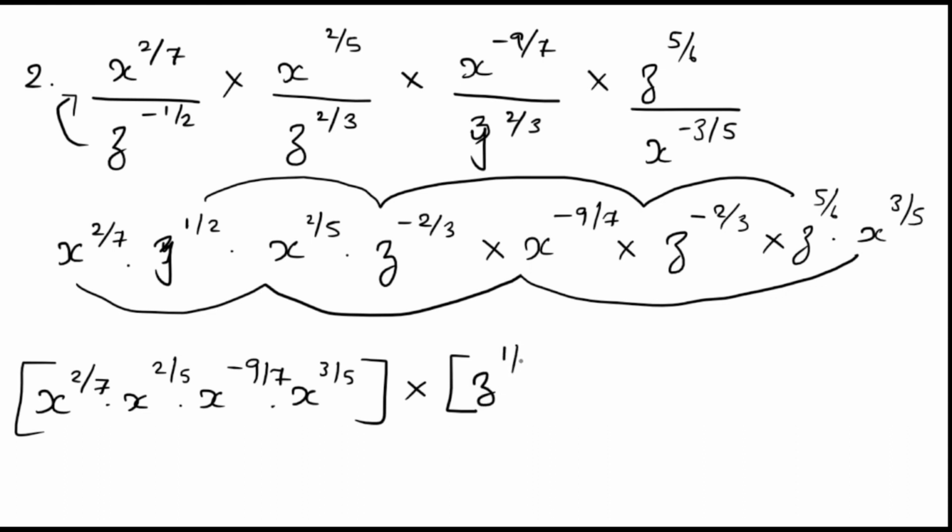Z to the power 1 by 2, z to the power minus 2 by 3 into z to the power again minus 2 by 3 into z to the power 5 by 6.